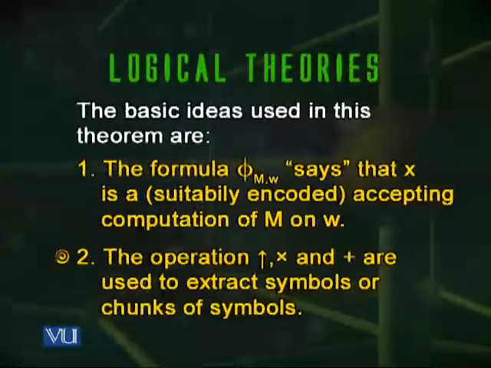The second point is the operations times, plus, and exponentiation are used to extract symbols or chunks of symbols. So if you have a computation history which is just a configuration followed by another configuration followed by another configuration, you can think of this computation history as a large number which is written in some large base.